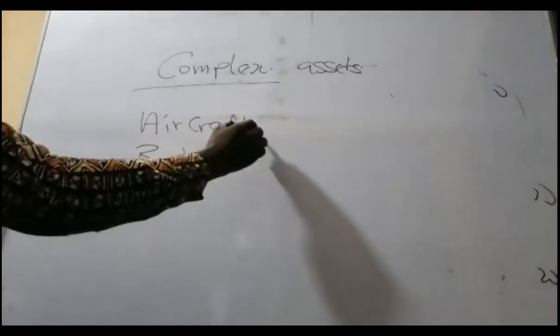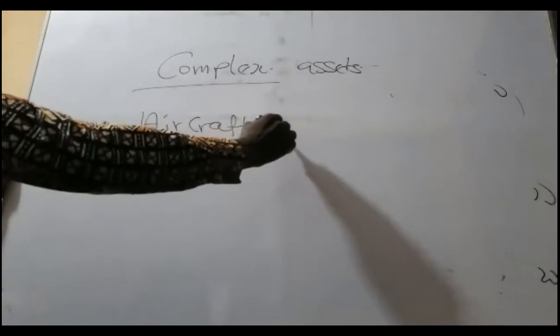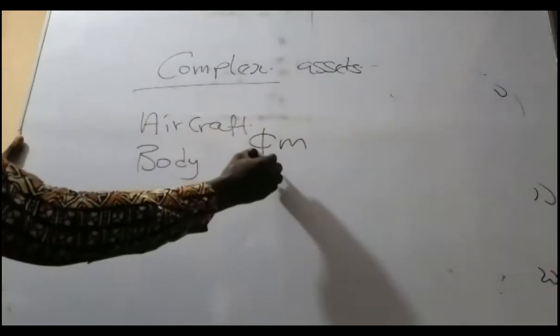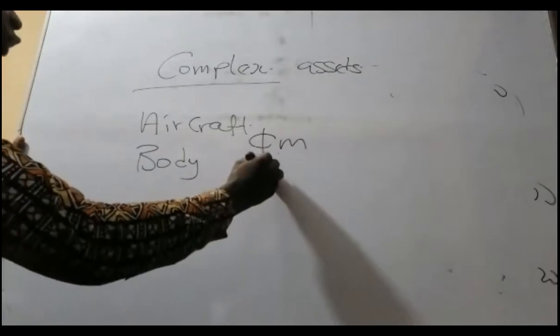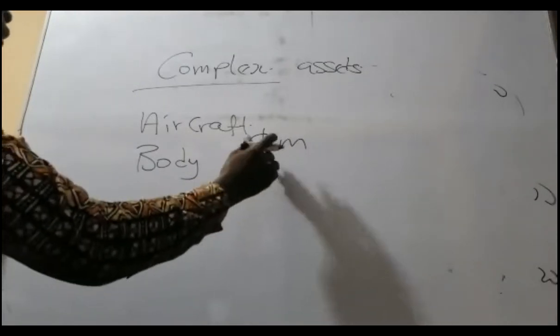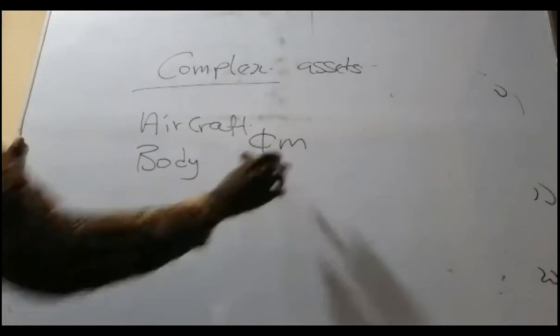So for instance, examples of complex assets include what? Aircraft. Good. So let's assume that the entire body of the aircraft has a value of, let's make it, 80 million.